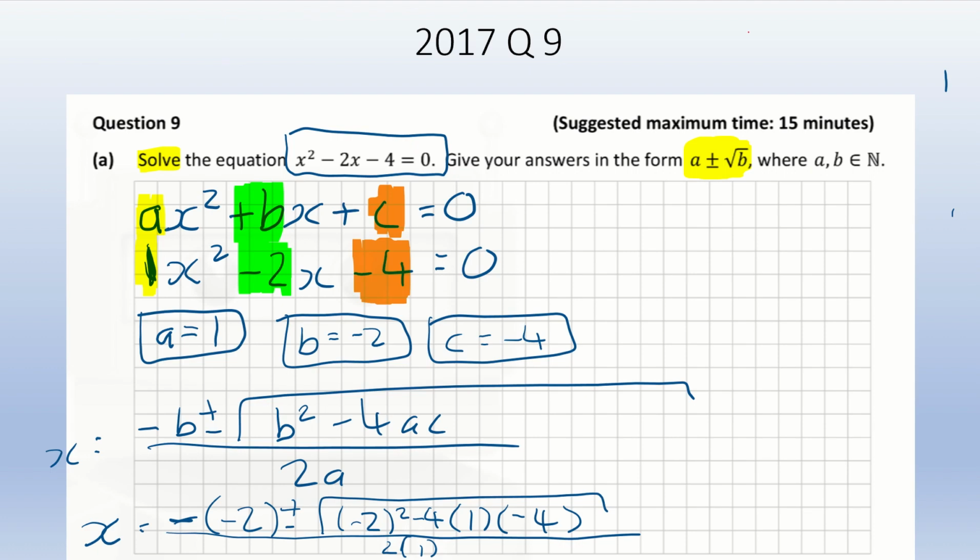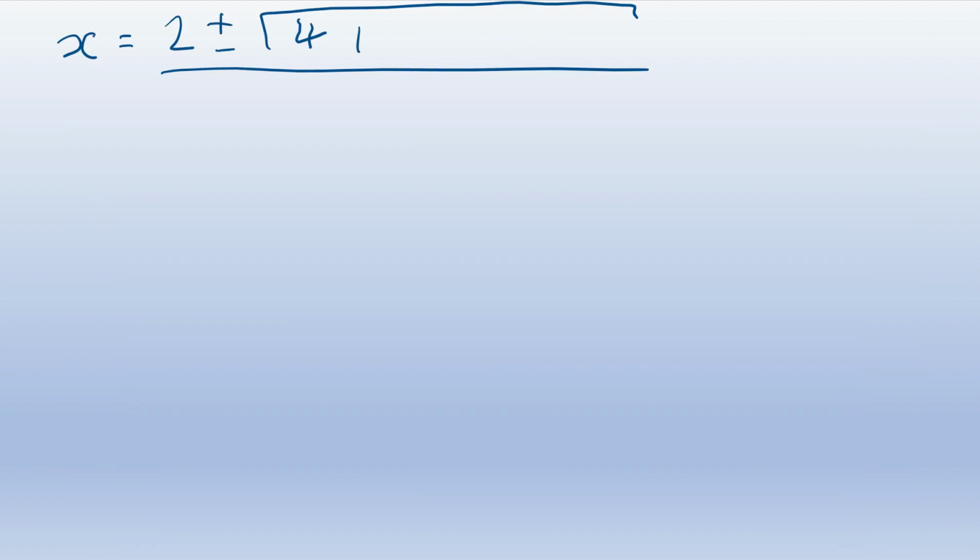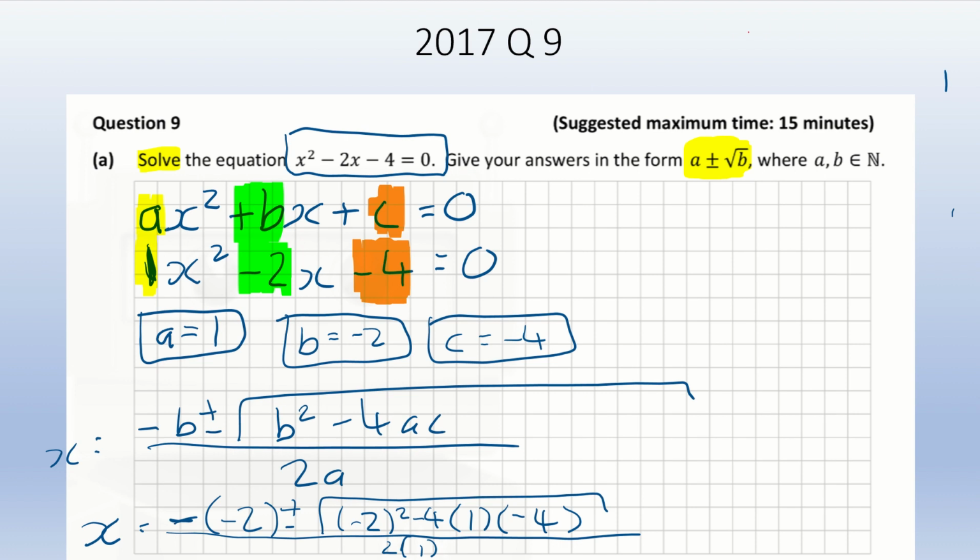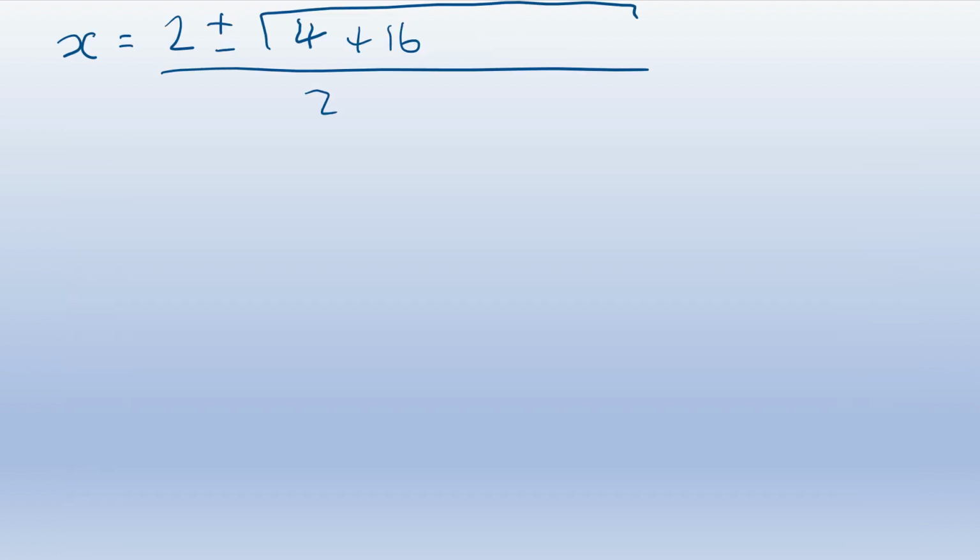Then here I'm going to have minus 4 times 1, which is minus 4, and minus 4 times minus 4, which will give me 16. All over 2 times 1, which is 2. Now, if I was to simplify that down, it'd be x equals 2 plus or minus root 20, all over 2. Your 20 is coming from 4 plus 16.